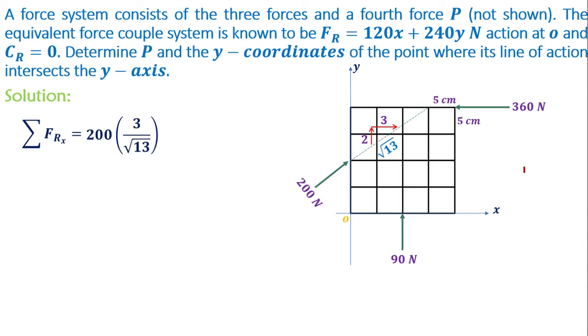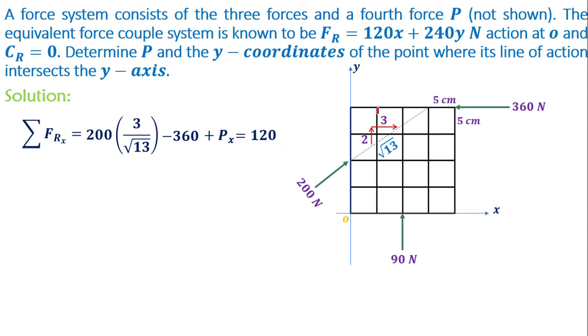So, 200. Kasi ito, we have here the x and y components. We have 3 over square root of 13 because we're preparing for the x. Minus 360, kasi ito ay papunta sa kaliwa, negative component yon. And then, positive Px equals 120.